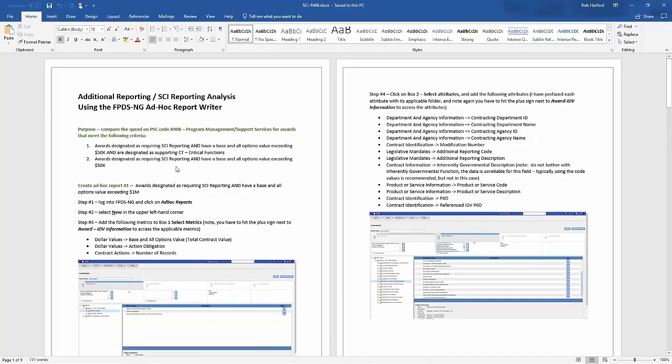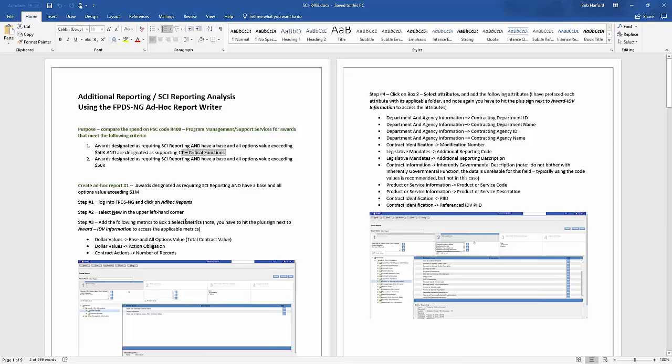Okay, so what this does is it goes through how to use the FPDS NG ad hoc report writer to designate awards as applying service contract inventory reporting in field 7G, and also designated as critical functions in field 17.